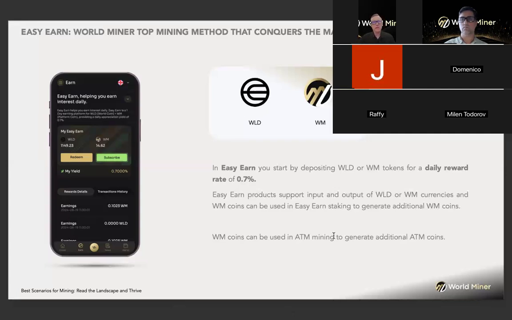And with the ATM coins building on the second phase with proof of work, we are adding that computational power into the network, meaning that the ATM will have a much higher value in the foreseeable future as well.